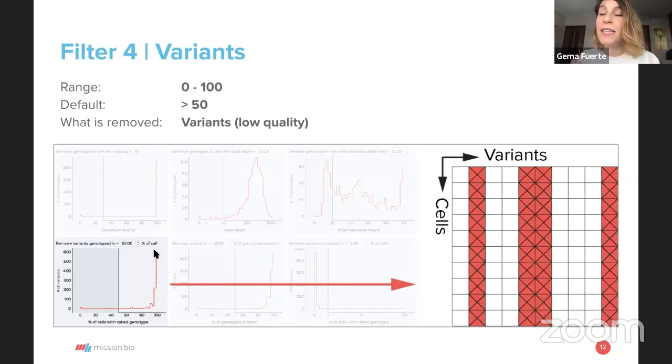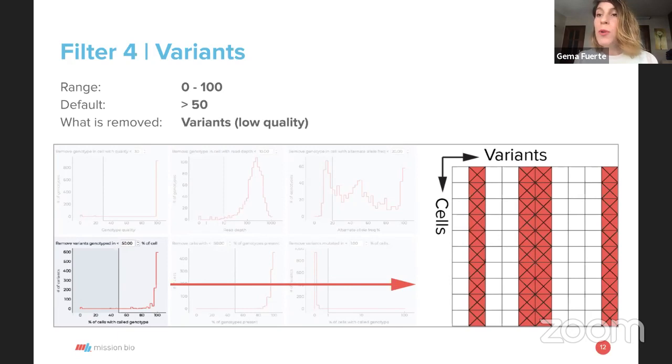If your variant is not present in 50% of the cells, you will not see it unless you change this filter. The range is 0 to 100 and the default is 50. We usually want to see variants that are genotyped in 50% of the cells. Please note, I'm talking about genotyped, not mutated. This means that the location is present and recognized in genotype, but not necessarily mutant. So we are essentially getting rid of low quality variants.